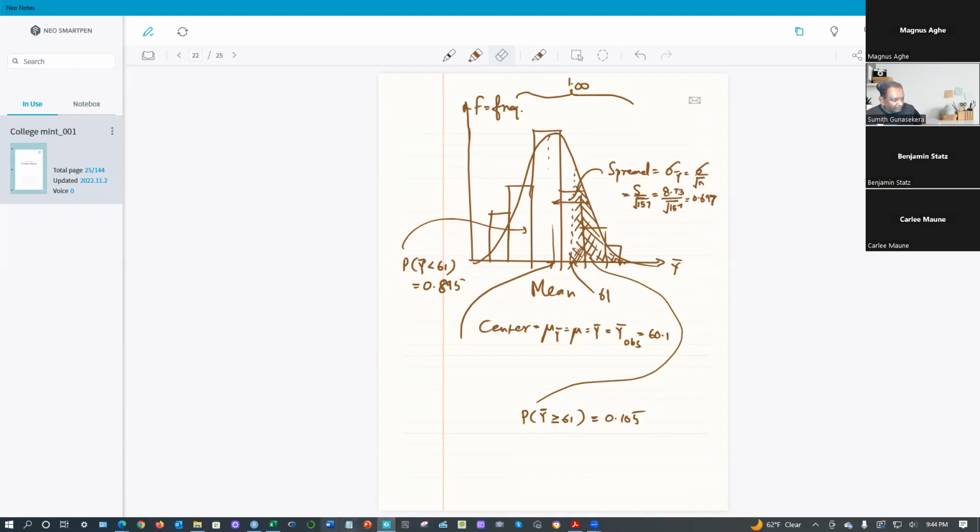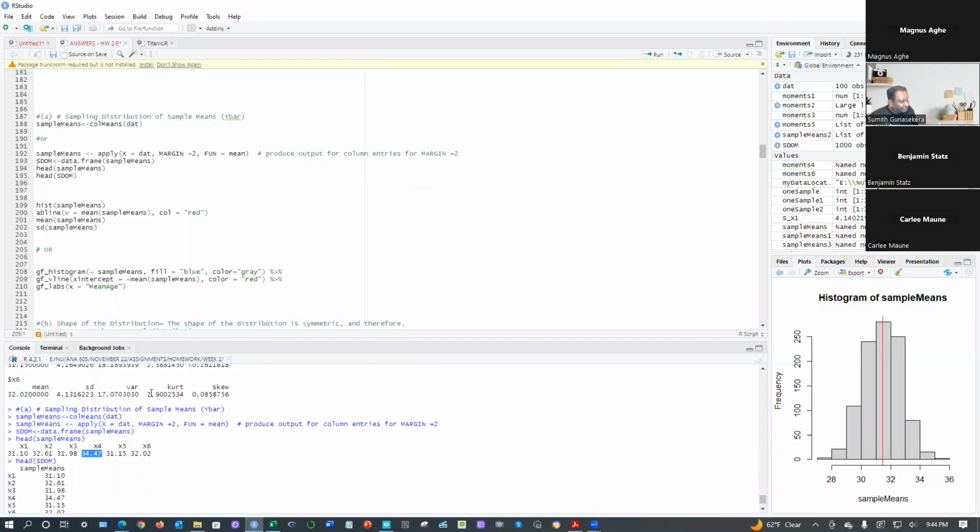Let's try something here. I need the standard deviation. Let's say it is 4.13.